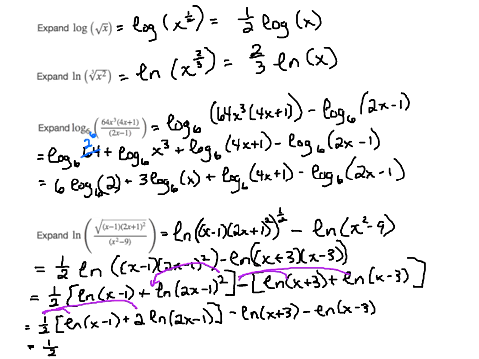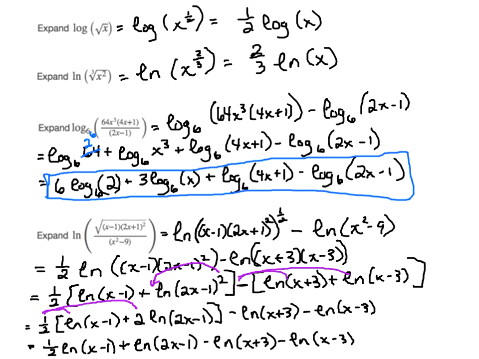So this is 1/2 ln of x minus 1. Now 1/2 of 2 is just 1, so this just becomes plus the ln of 2x minus 1 minus the ln of x plus 3 minus the ln of x minus 3. And that's it. Just like that. Okay, so here's my first answer, expanded, and here's my second.